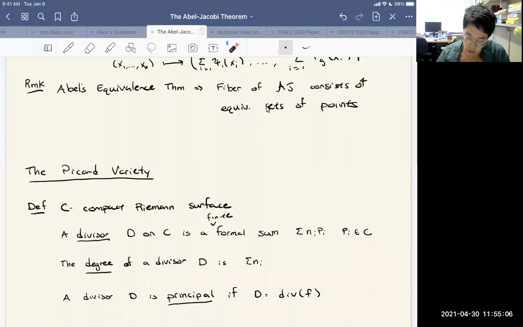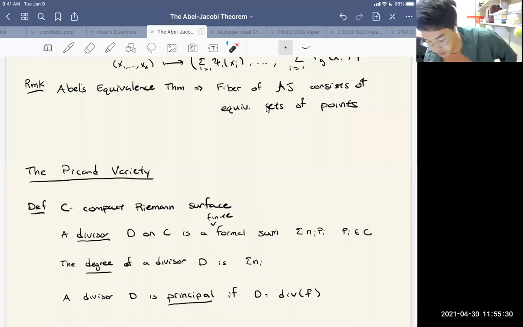Then we say such a divisor is principal if the points can be written as the zeros and poles of a meromorphic function on the curve C. The positive coefficients correspond to the zeros, and the negative ones correspond to the poles.